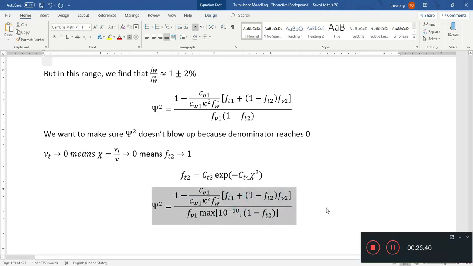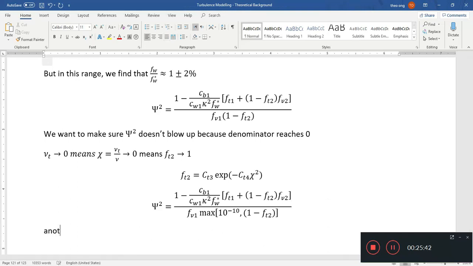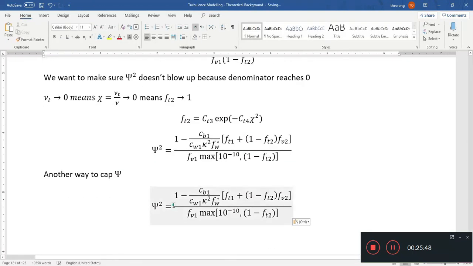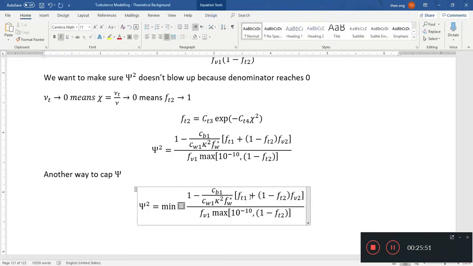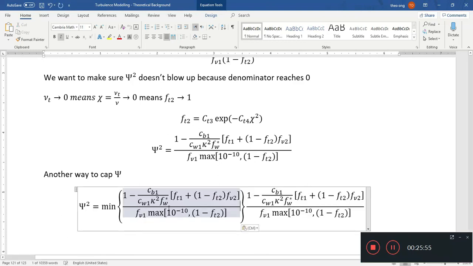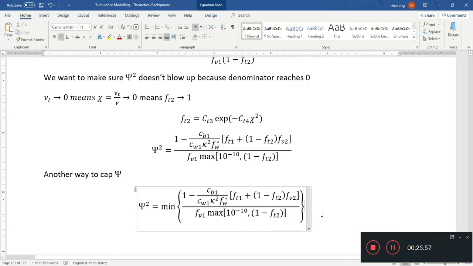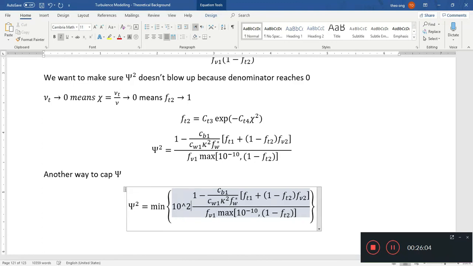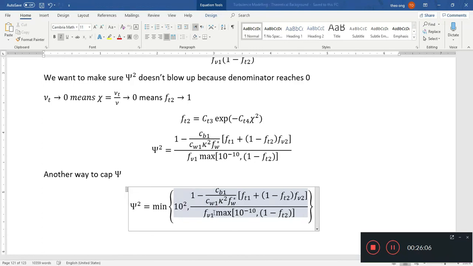Another way to cap psi is simply with this. You have a minimum of, so this is another reason why you want to cap psi, so it's properly behaved and doesn't exponentially go up so much. So it's 10 square, which is basically 100, and then you have this function.